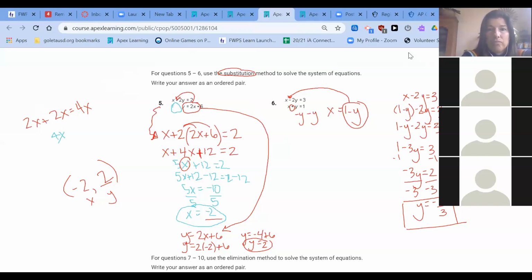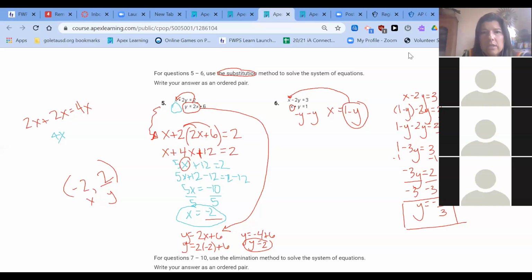Okay. So we found the y value. Now we need to find the corresponding x value. One of those equations is going to be easier to use than the other. The second one. I agree.